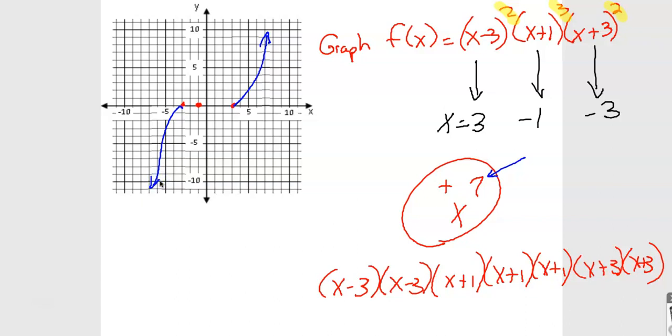Also, at 3, we're talking about this zero right there. At 3, it's an even exponent, which means it bounces. So it does not go through it. It literally bounces at x equals 3, so I know it goes back up.